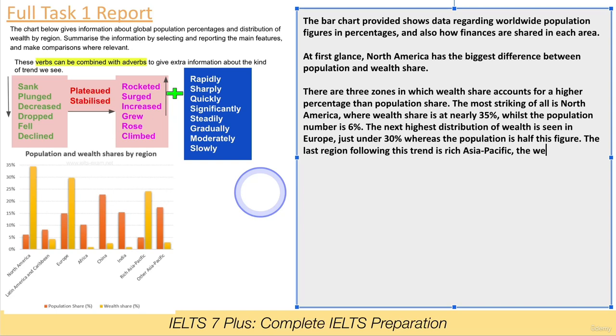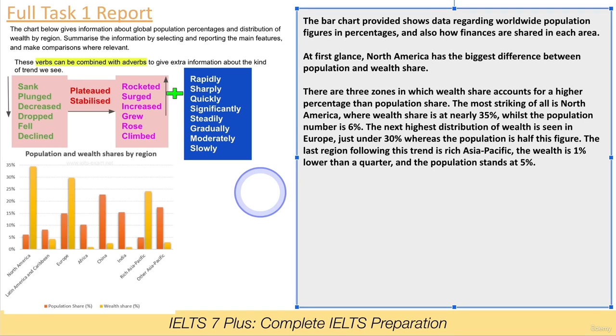We could say the wealth is 1% lower than a quarter, 25%, another way of saying 25%. And the population stands at 5%. Okay, let's read this back and see how we're doing.